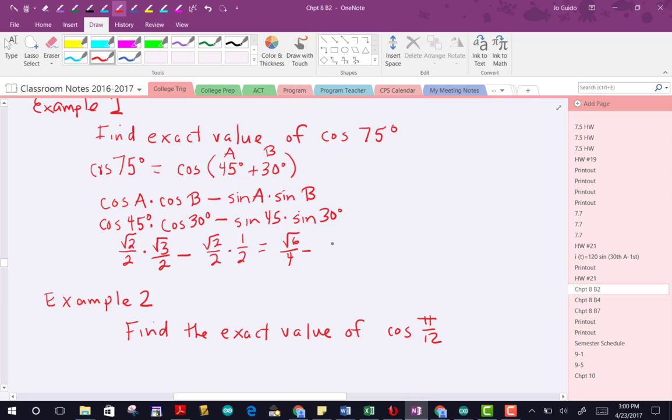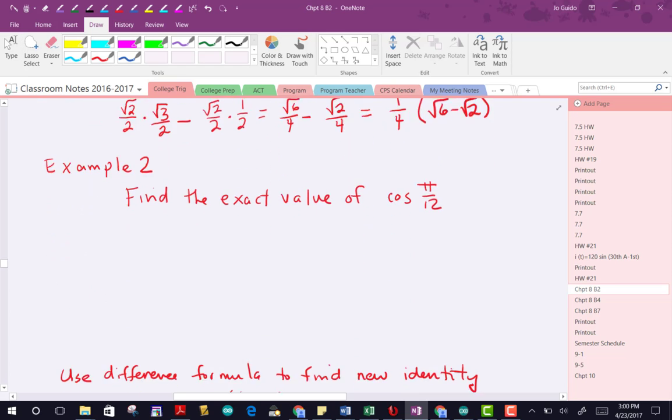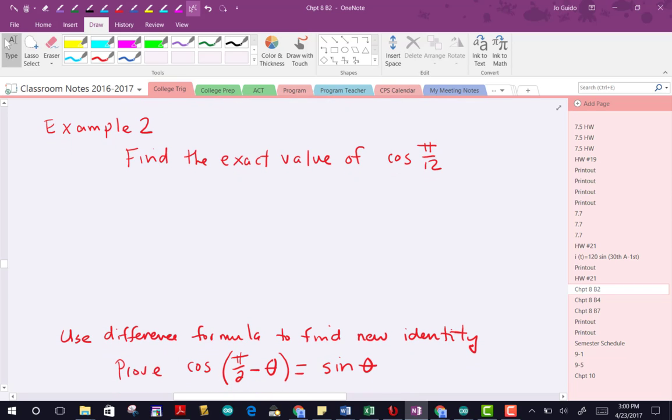Next problem is going to work similarly. So we want to be thinking about a way to write pi over 12 as some of the values that we know. And this one is a little bit trickier. If you think about 12, some of the factors of 12 are 3 and 4 and 6.